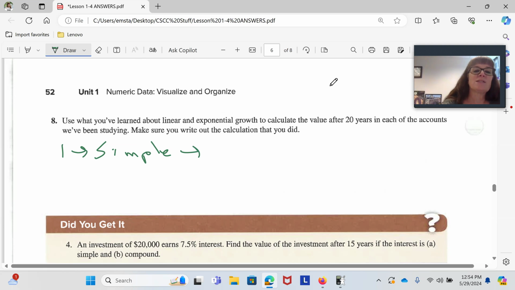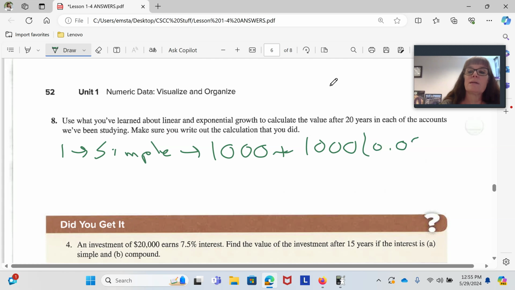We invested $1,000. Then we have to figure out how much I'm earning each year. So I take 1,000 times 5%, so 0.05, and then times 20, because it's 20 years.